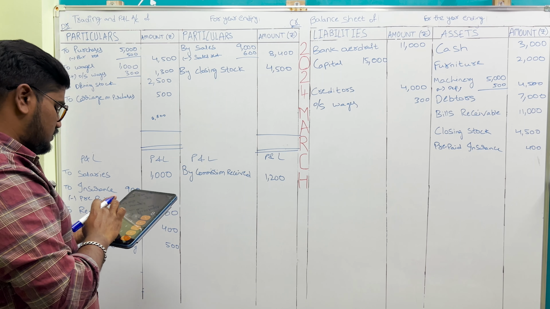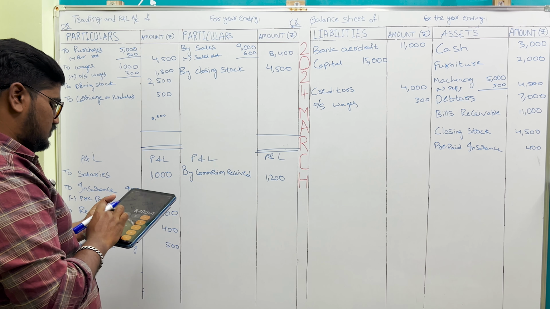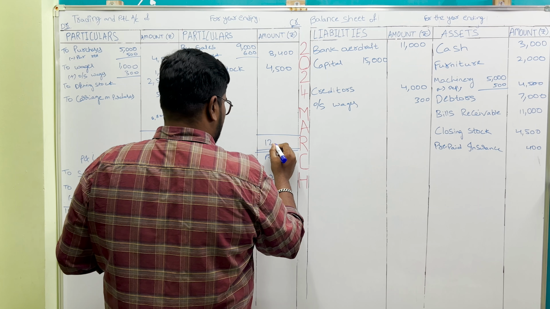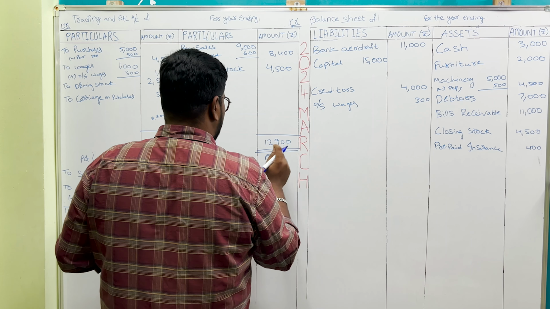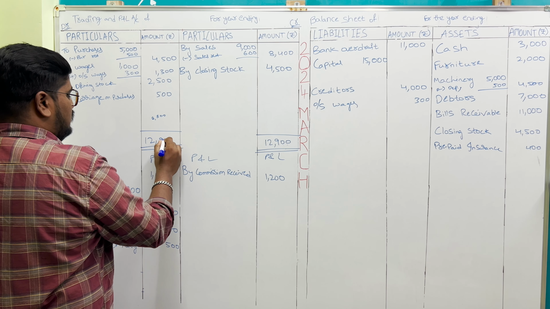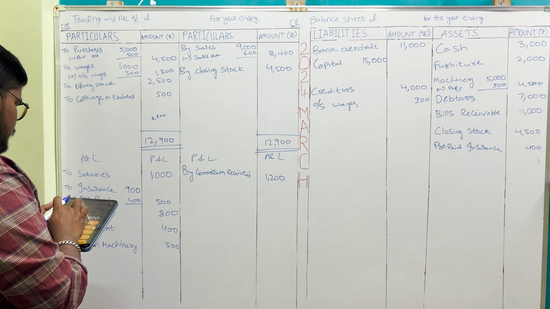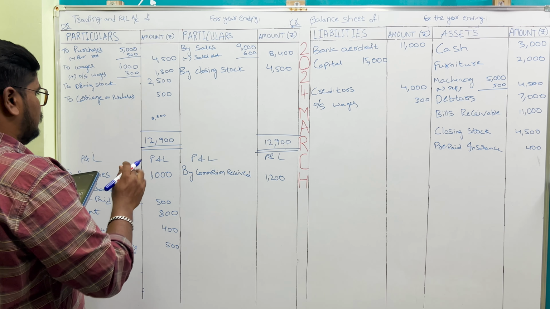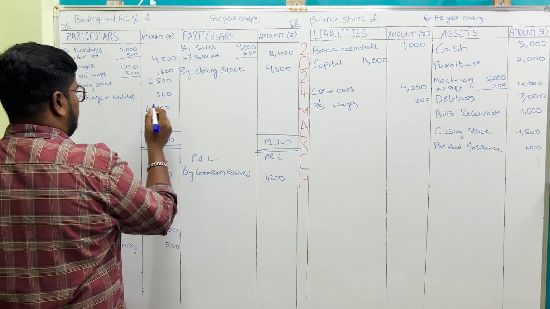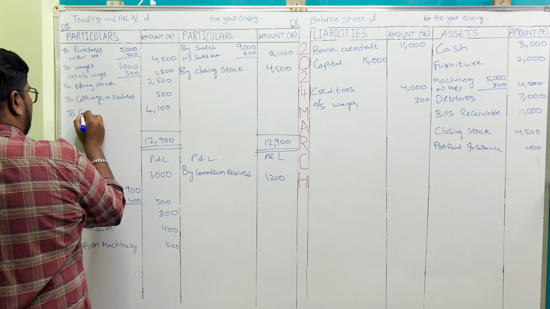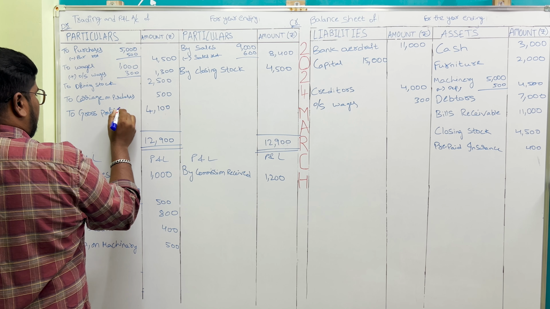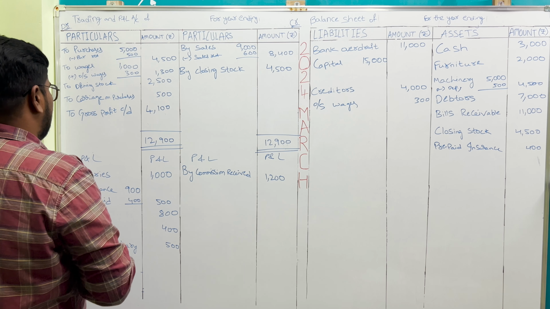What is the credit total? 1,400, 4,500, that is 12,900. That is higher, so that's why we are putting it as the balancing figure. And how much is the difference? That is 4,100, and that would be to gross profit carried down. Do not forget to put carried down, brought down.